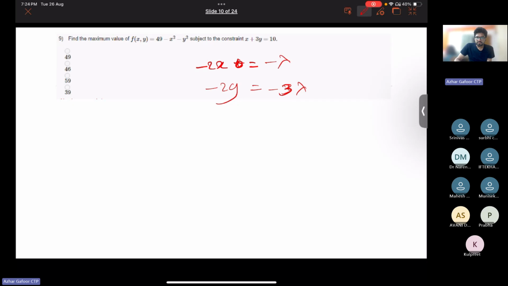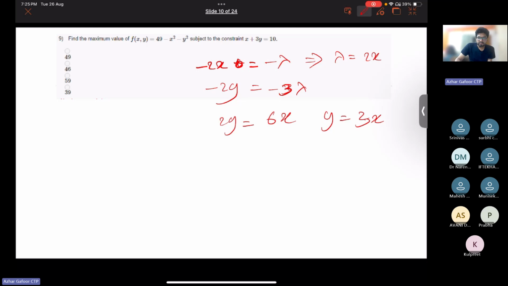If we solve that, from here we get lambda is equal to 2x. We substitute that here, 2y is equal to 6x, or y is equal to 3x.